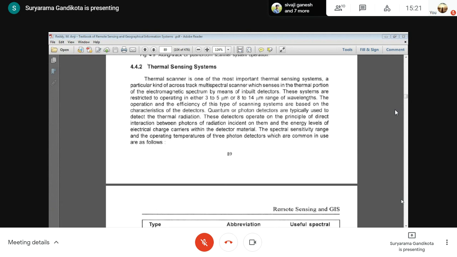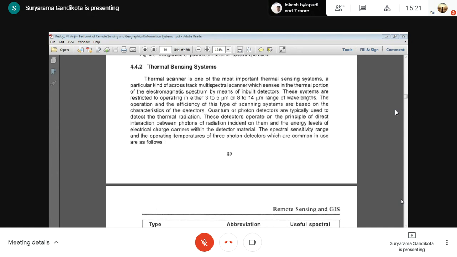The operation and the efficiency of this type of scanning systems are based on the characteristics of the detectors. Quantum or photon detectors are typically used to detect the thermal radiation. These detectors operate on the principle of direct interaction between photons of radiation incident on them and the energy levels of electrical charge carriers within the detector material.